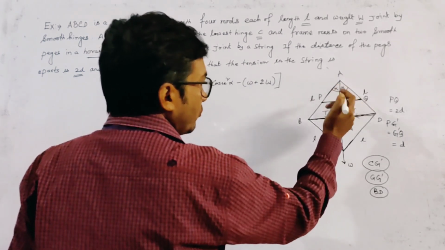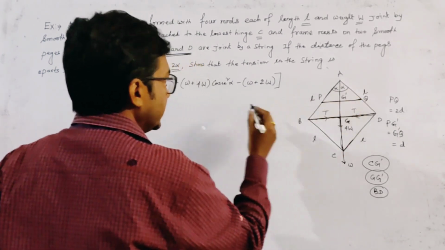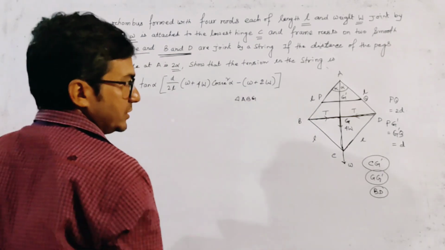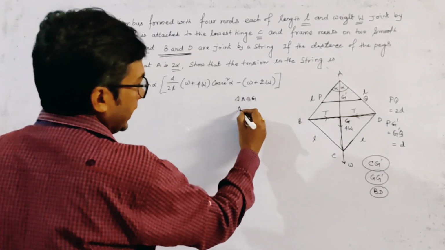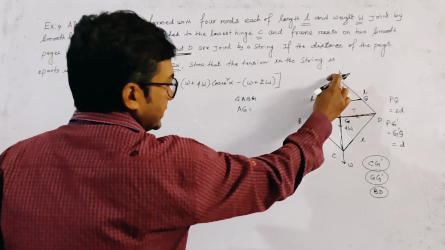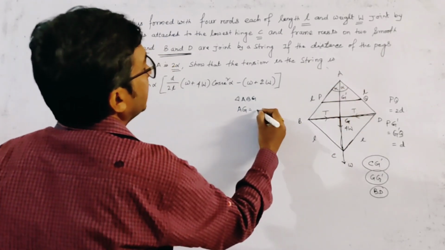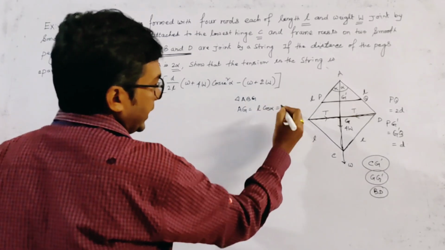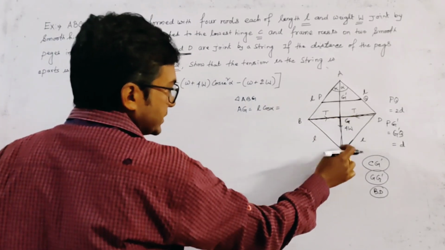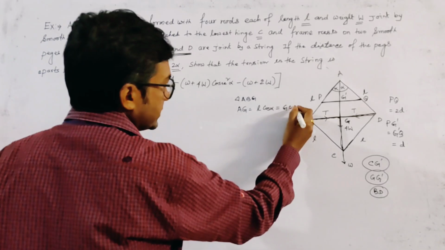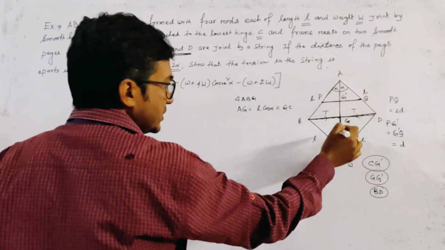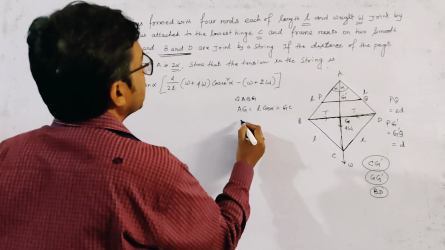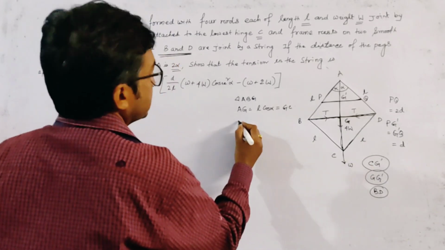Now since this is L, from the triangle ABG we get AG equal to L cos alpha, and it is equal to GC, because AG is equal to GC.